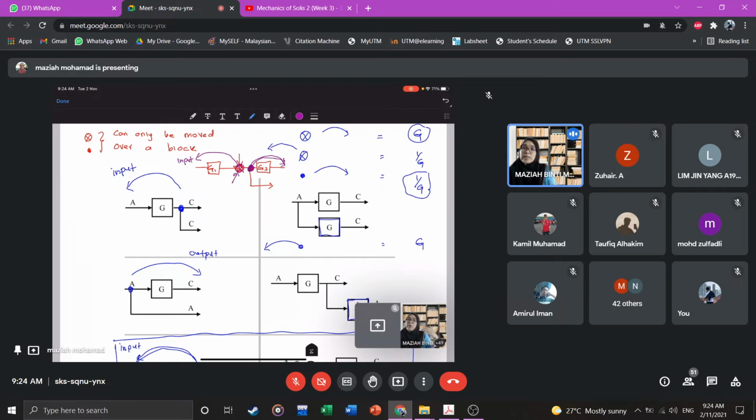And as for the summation point, we can only move it toward the input. So that is what is meant by summation point and pick off point can only be moved over a block. Okay, all right.